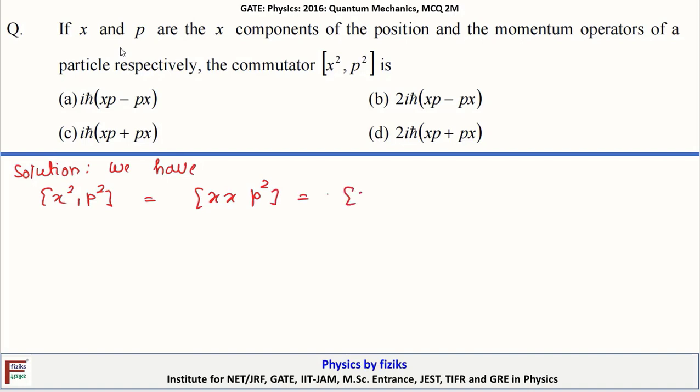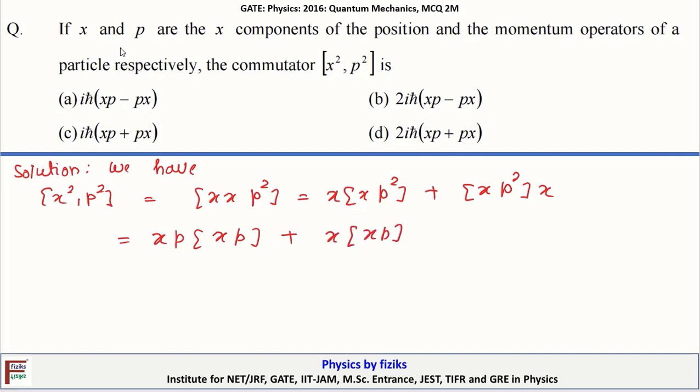We would be having x p square plus x p square into x. Now operating on this, we would be having xp plus x into xp into p plus p xp x plus xp into px.